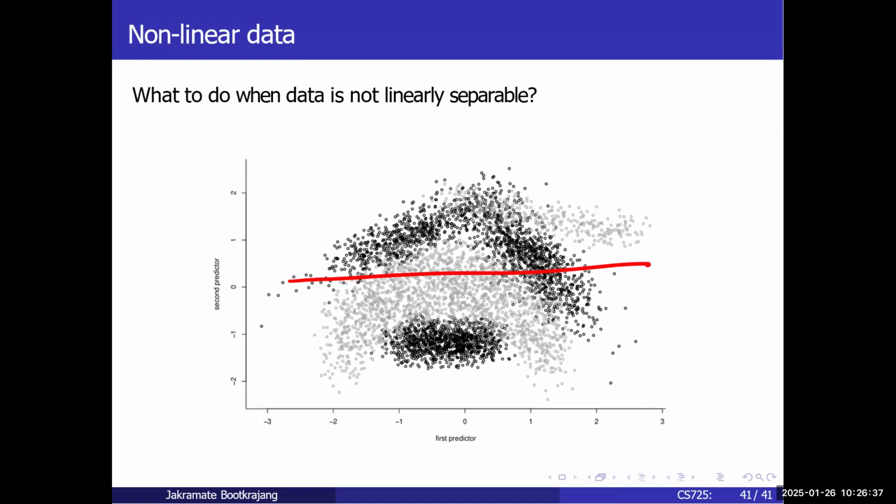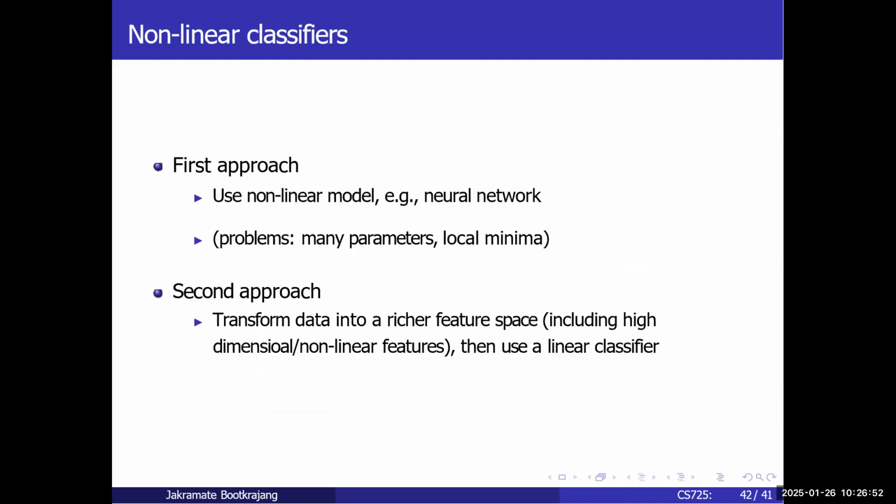Well, I cannot, because they are not in a very good shape. So when your data is non-linear, you can use a non-linear classifier. Basically, you just use another method. You cannot use SVM. SVM only works for linear data.